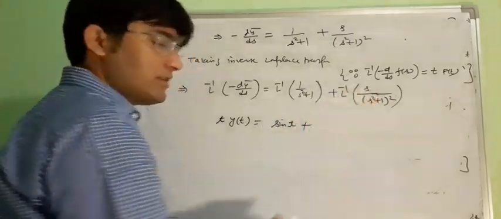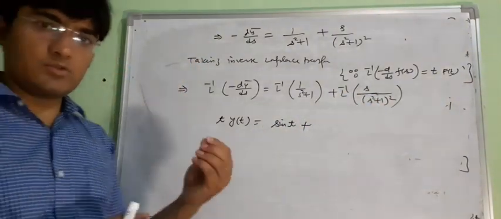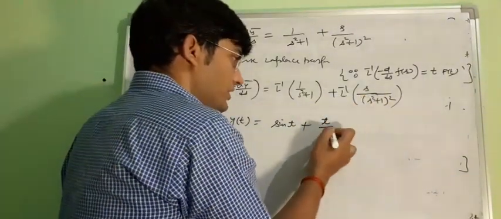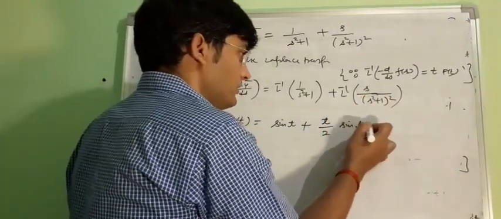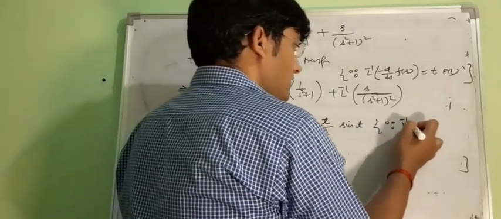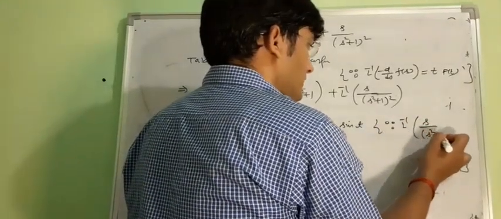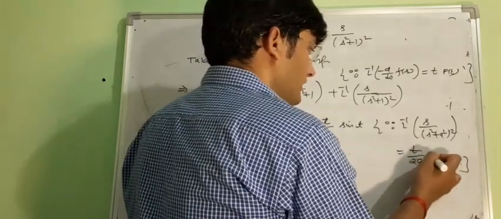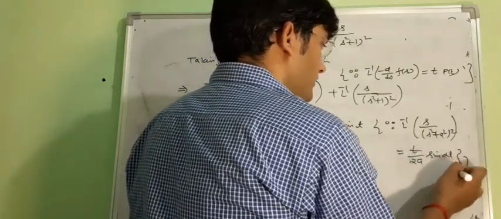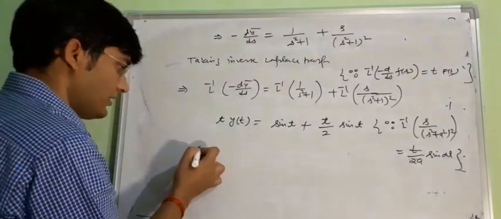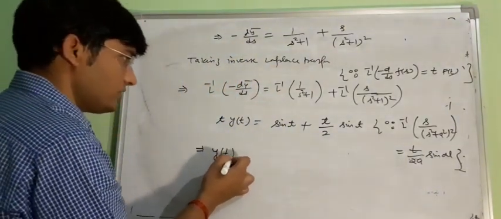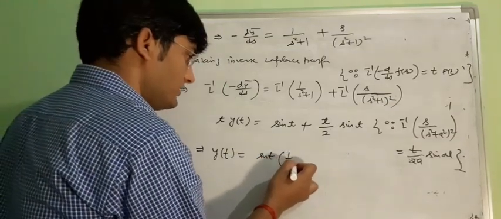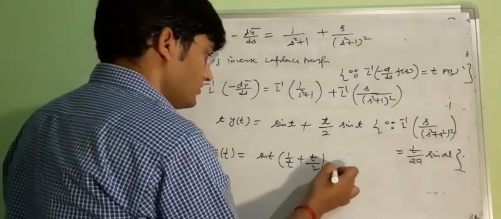And you know that the Laplace inverse of s upon s square plus a square whole square is t upon 2a sin at. We have already proved this result. So our answer is y(t) is equal to sin t, and then in the bracket we will have 1 by t plus t by 2.